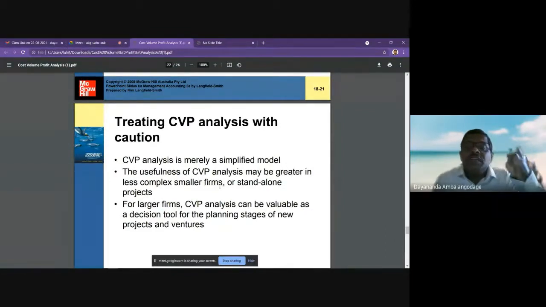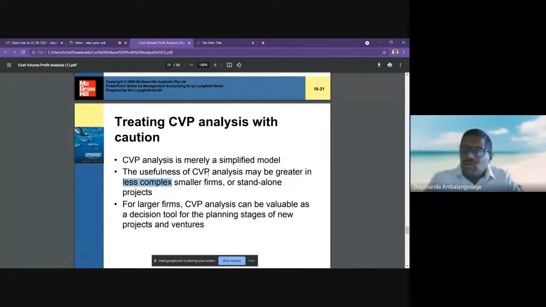But if the firm is less complex and small, or for standalone projects, CVP analysis would be applicable. For example, suppose you are organizing a film festival, or a musical show.